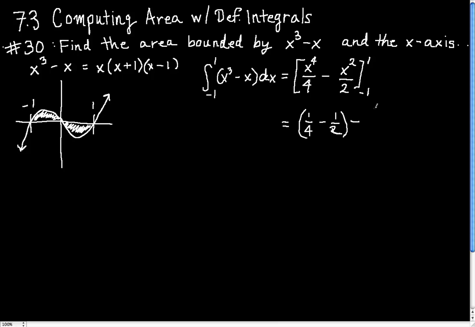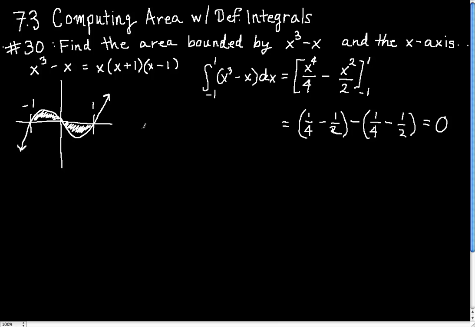Well, -1 to the 4 is +1 over 4, and I want this in parentheses, and -1 to the 2 is +1 over 2, and as you can see, this equals 0. And so how could that be right? Well, it's not correct, and the reason is that we are counting this area as negative. That's the way that this definite integral accounts for this area below the x-axis. It is negative, and so it's canceling this out.